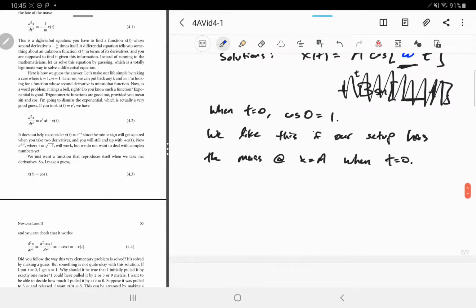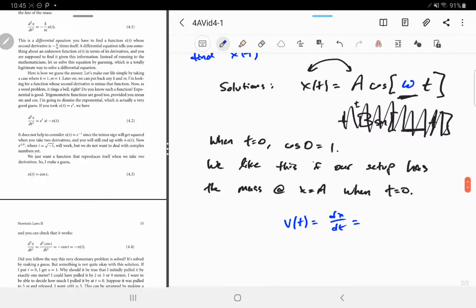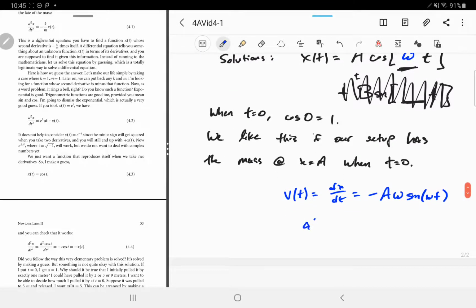If we take one derivative, dx/dt, remember the derivative of cosine is minus sine, so we have minus a sine omega t, but then from the chain rule we have the derivative of the inside, so this omega appears again. And then the acceleration is the derivative of velocity with respect to time, and from the chain rule this comes out another time. So this is minus a omega squared cosine omega t.